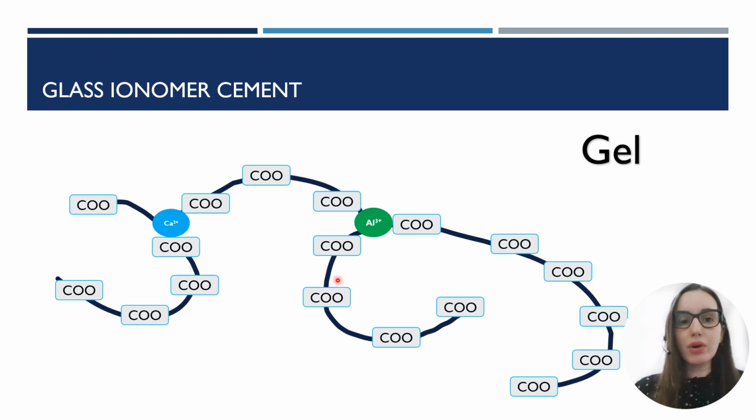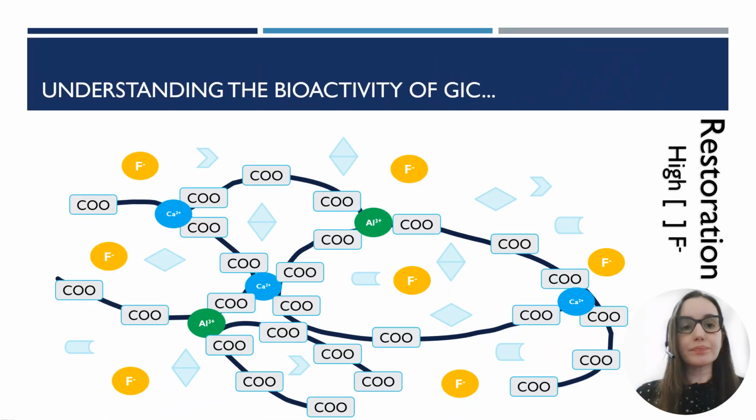And that's what we call polysalt gel, which is the matrix of glass ionomer cement. This matrix is responsible for some of the weak mechanical properties of these materials, but on the other hand, this structure is porous and small ions are free to move through the material.